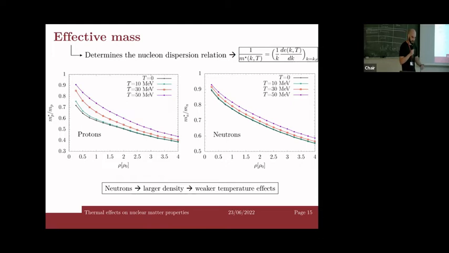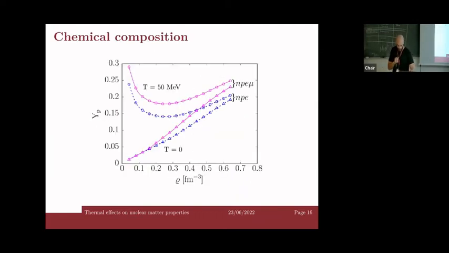So if we talk about effective masses, we talk about a dependence on density and also a dependence on temperature. As you can see here, again for protons the impacts of temperature are larger than for neutrons, because neutrons are more degenerate. Another important consequence of temperature: when we talk about beta stable matter, we think about the zero temperature scenario.